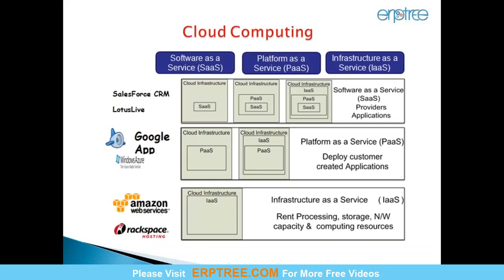You have Windows Azure and Google App Engine at the PaaS level, and Amazon Web Services, where Amazon gives you access to use its cloud, and you can deploy whatever application you want. Infrastructure is provided to you by Amazon, and you can host your applications and use it the way you want.